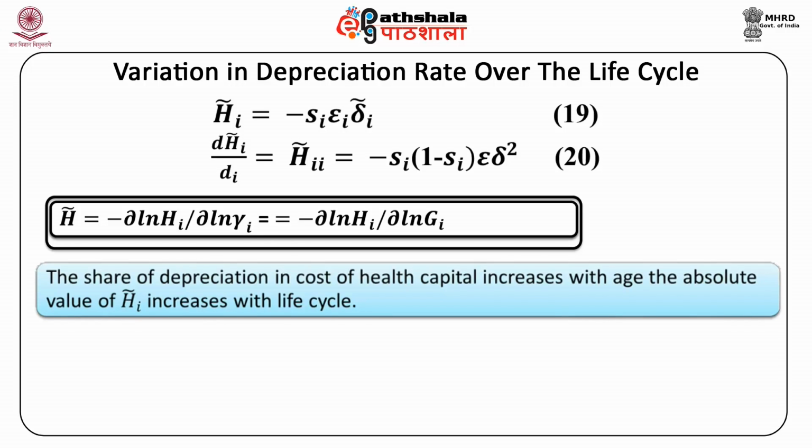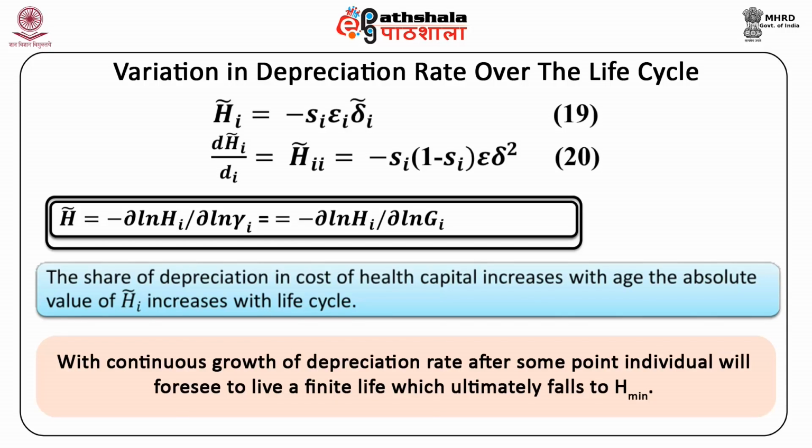Since the share of depreciation in the cost of health capital increases with age, the absolute value of H tilde increases with the life cycle. With continuous growth of the depreciation rate, after some point the individual will foresee living a finite life, which ultimately falls to H minimum and healthy time equal to 0.